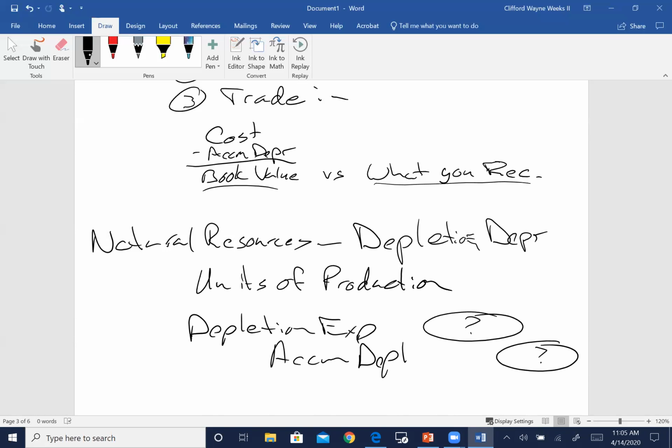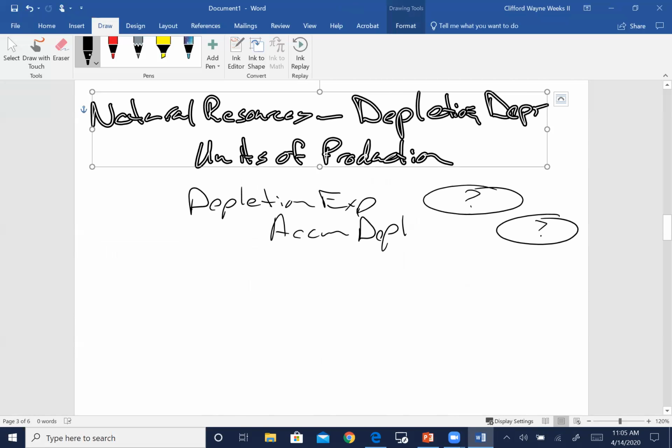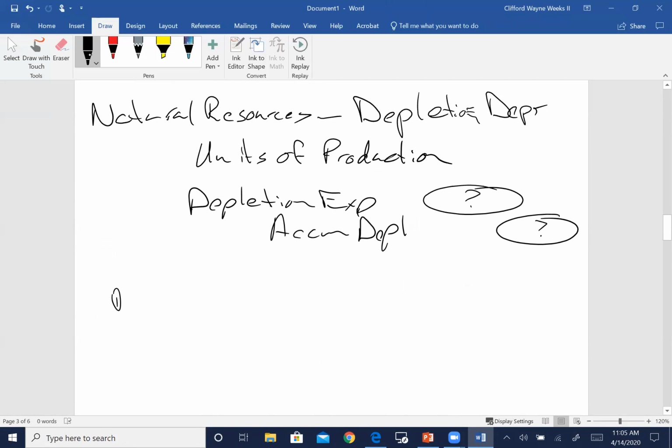The last thing are intangible assets. Whoa, what is that? An intangible asset is a right, okay? You have a specific right. You obviously can't touch a right.